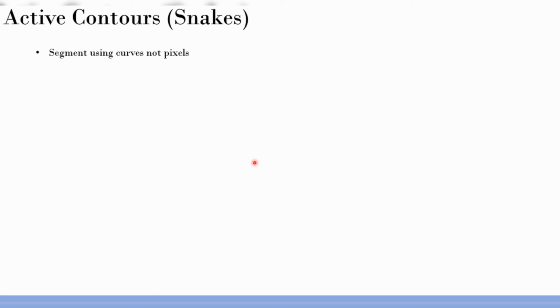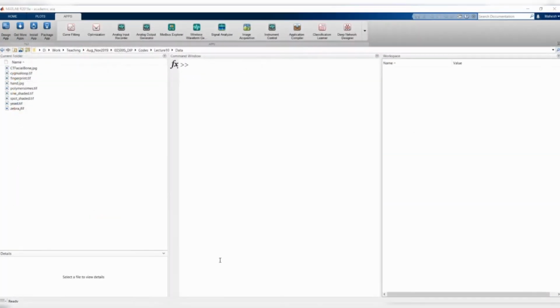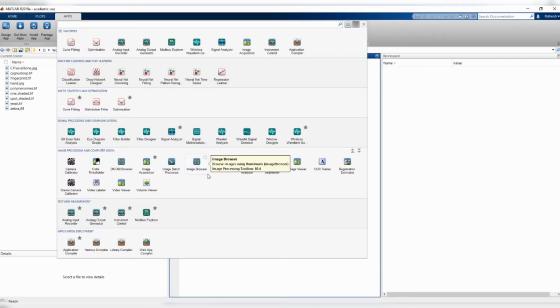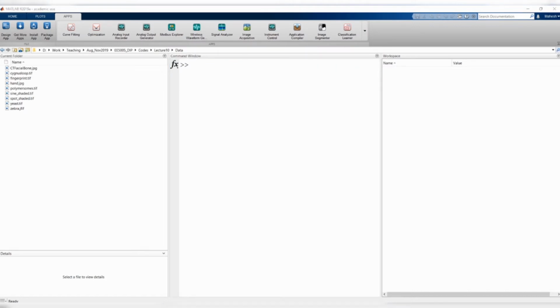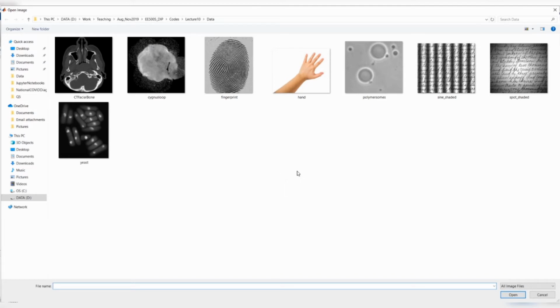Let me illustrate it before going any further using the MATLAB tool again. This can definitely be extended to Python also. A lot of tools are available, and I will show one of them as well. Okay, and again go to the image segmenter. Let me load that up, and again try to load an image. Let me take this example probably.